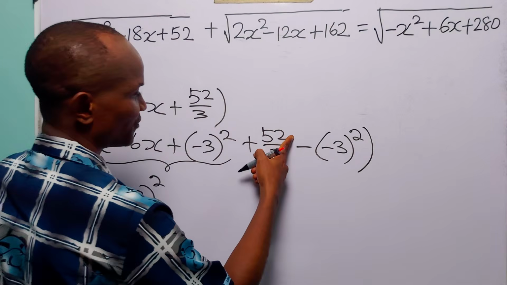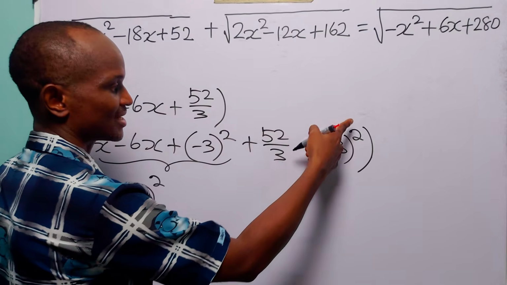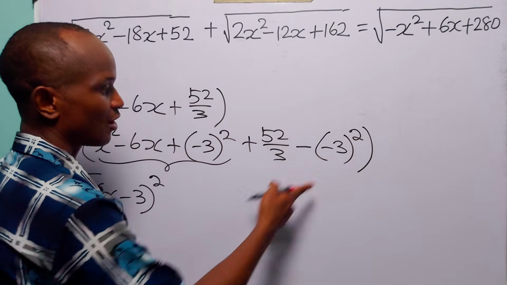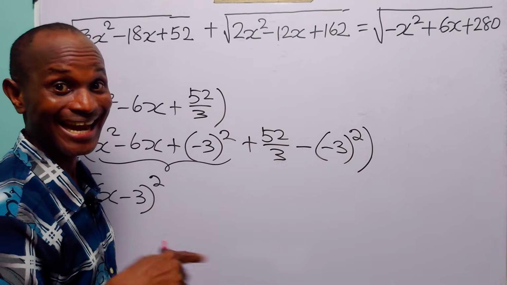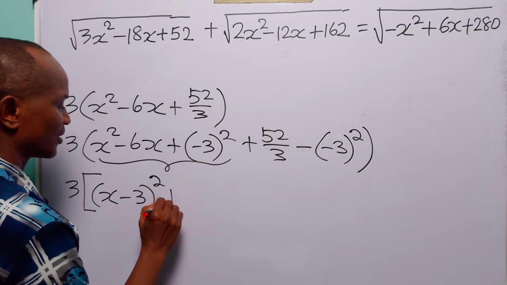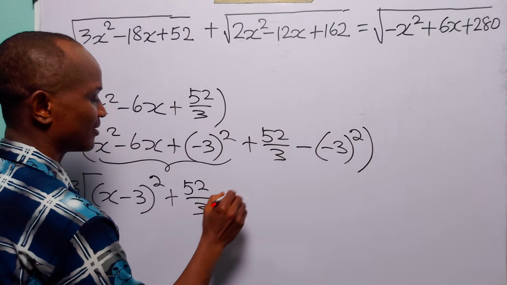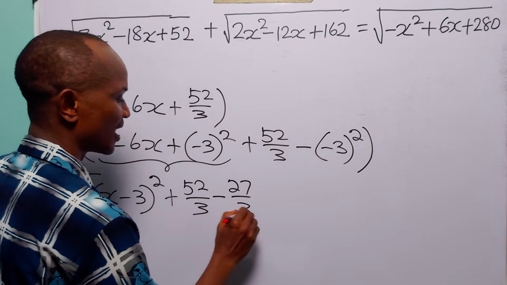Now we have 52 over 3 minus 9 because minus 3 squared is equal to 9. But you know that we can write 9 as 27 over 3. So we have plus 52 over 3 minus 27 over 3.